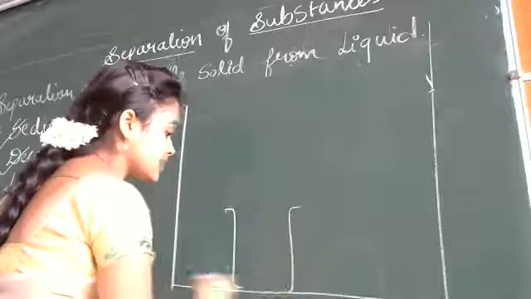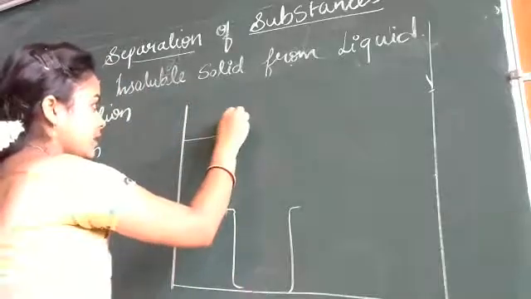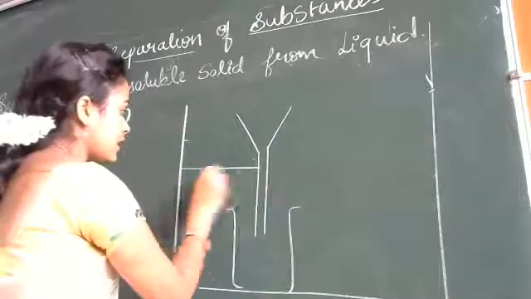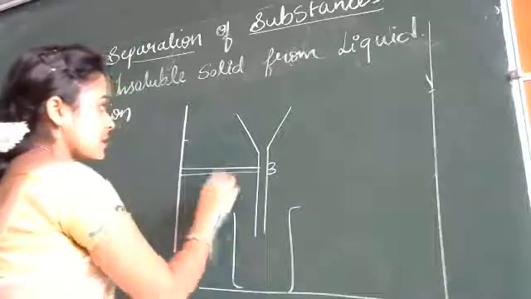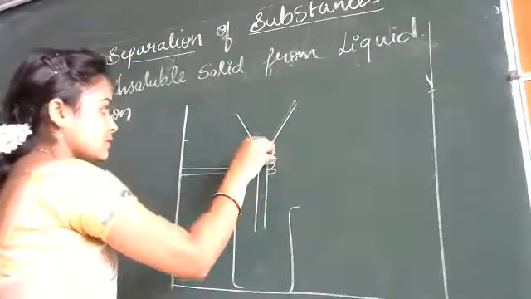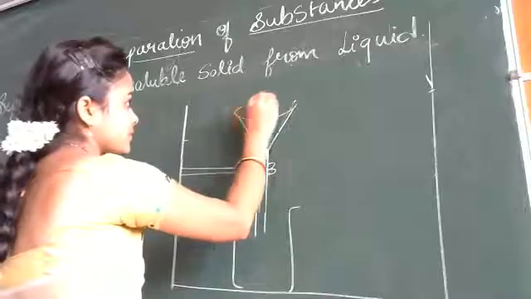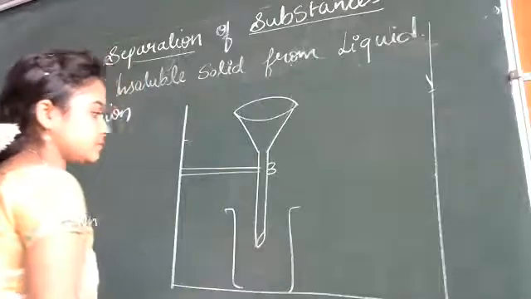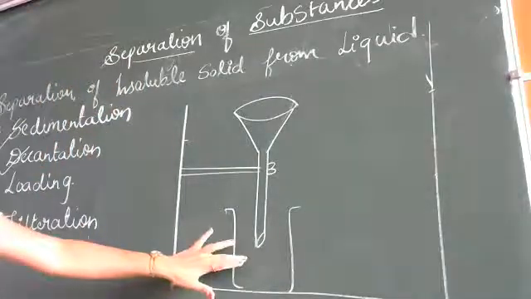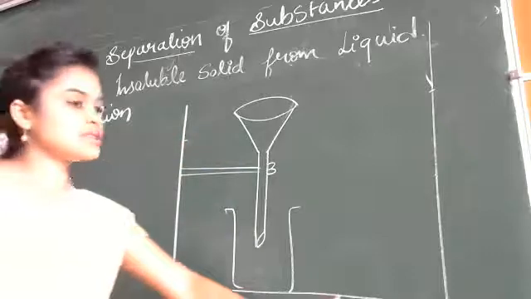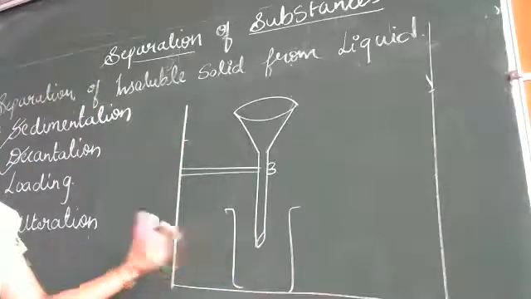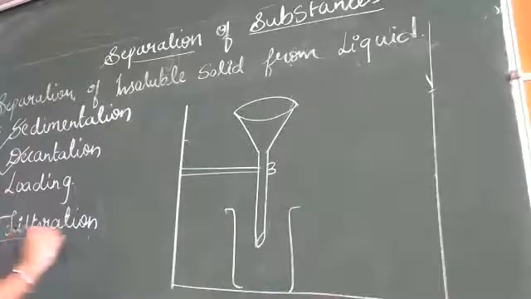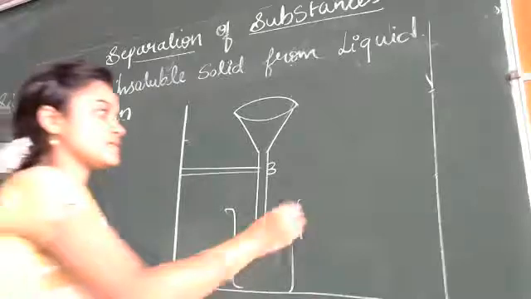We'll take one beaker and one funnel, and this funnel is connected with the stand. So this is the beaker, this is the funnel, and this is the stand. Now which process are we doing? Filtration.